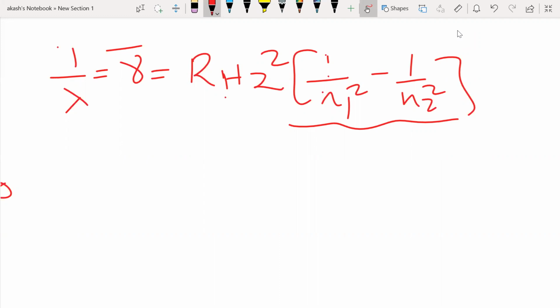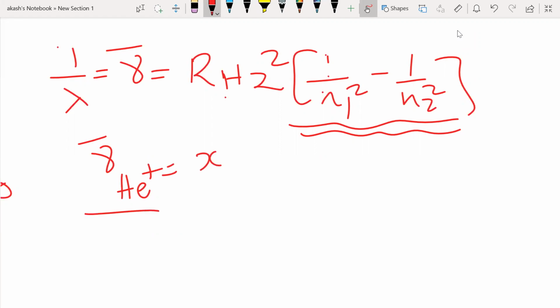This particular part is going to be common, a constant, because it's going to be the same transition. So nu bar of helium plus is given as x. Option B, we'll check. So nu bar of Be3 plus, I don't know what it is. If I just divide these two, RH will get cancelled, and the only thing which is going to vary is Z squared.